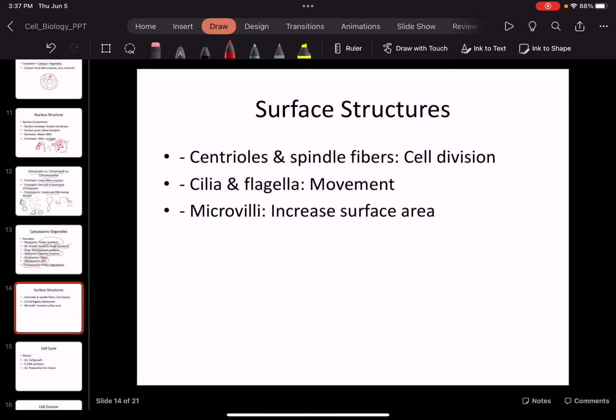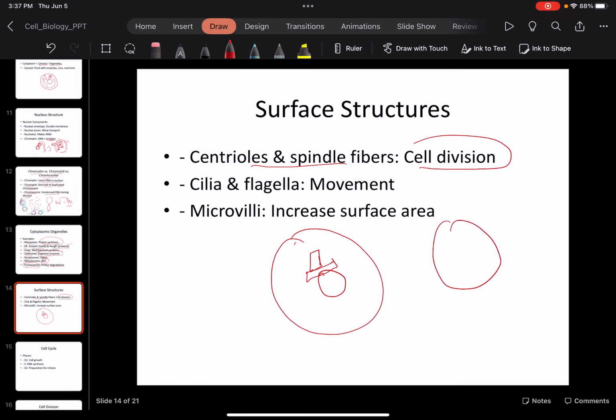So here's surface structure. Then other things, centrioles and spindle fibers, which form for cell division. In the cell, near the nucleus, there should be centrioles, a pair like that. When the cell starts dividing, they divide and go to different poles.